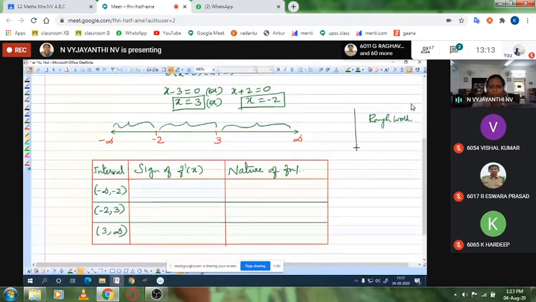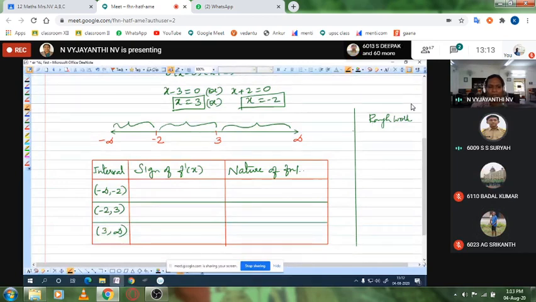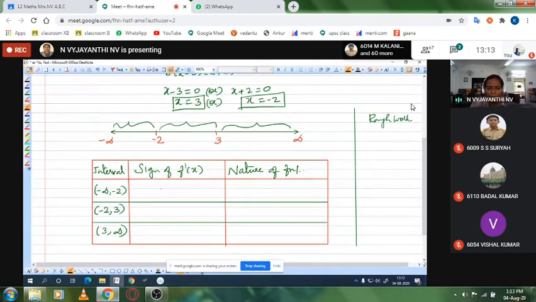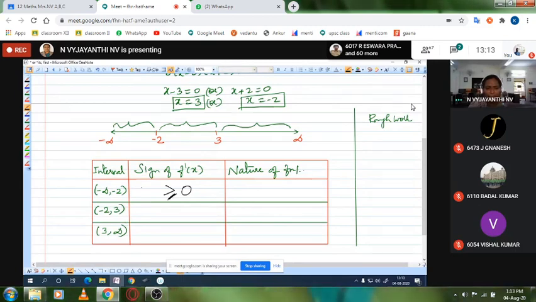It is 0. That is why we are not considering it. If we consider it, we cannot put positive or negative, because they are asking only the sign, and 0 is neither positive nor negative. It will become greater than or equal to 0. That is the thing which we have to avoid.